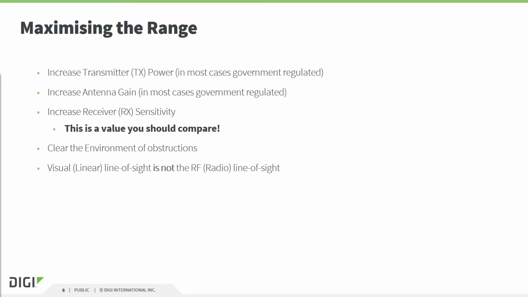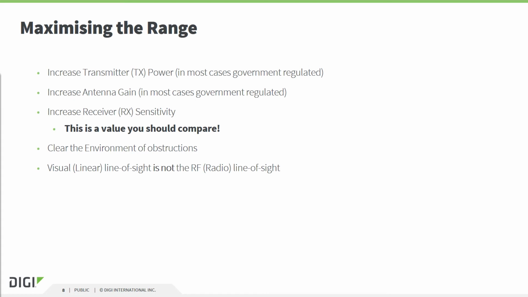So the next question that everybody wonders: how can I maximize the range, or how can I maximize the coverage? The first thing that you can do is increase the power in the transmitter, so you can speak louder.